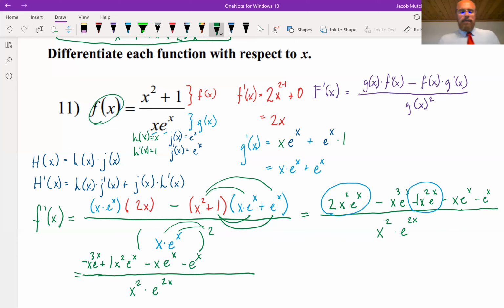So at that point, what we need to see is that I've got something that I could cancel from each one of these terms. And what I want to just do is highlight what's the same. So it looks like I got an e to the power of x here in each term in the numerator. And then I also have e to the power of 2x in the denominator.